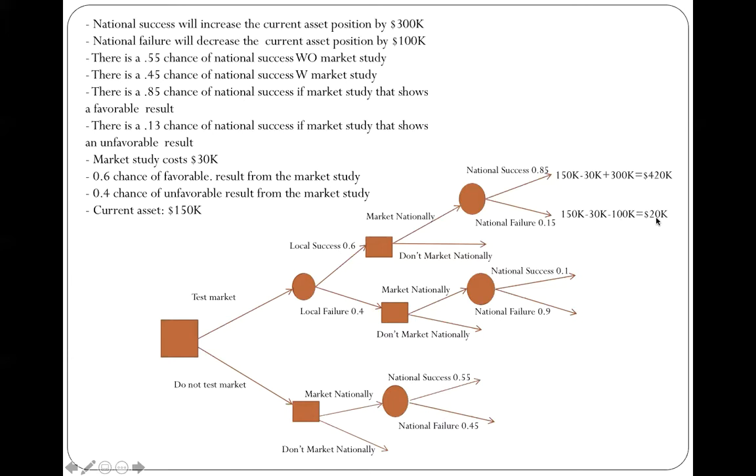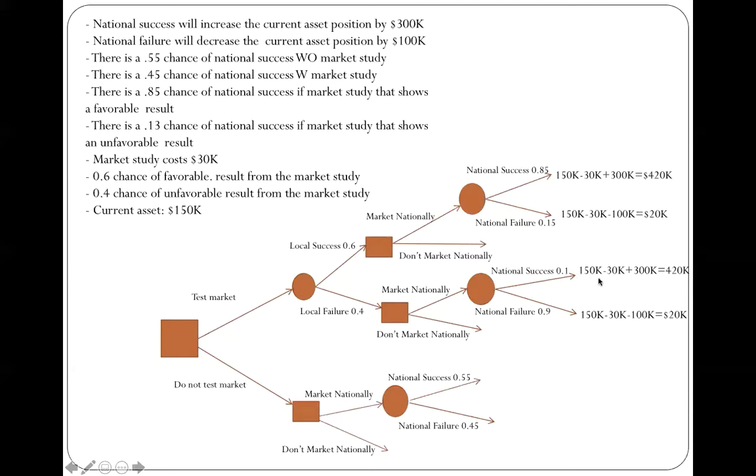Okay. The same values will be observed for these two terminal forks. Why? For example, for this one, when are we going to end up here? If we test the market locally, we observe a local failure, we still decide to go ahead and market nationally, and we observe a national success.